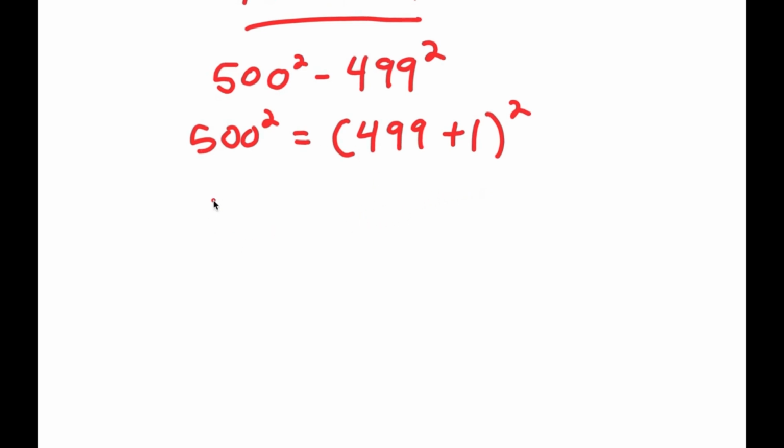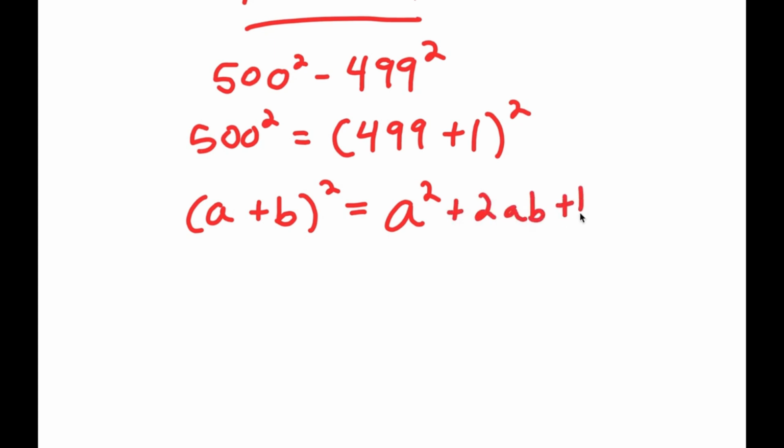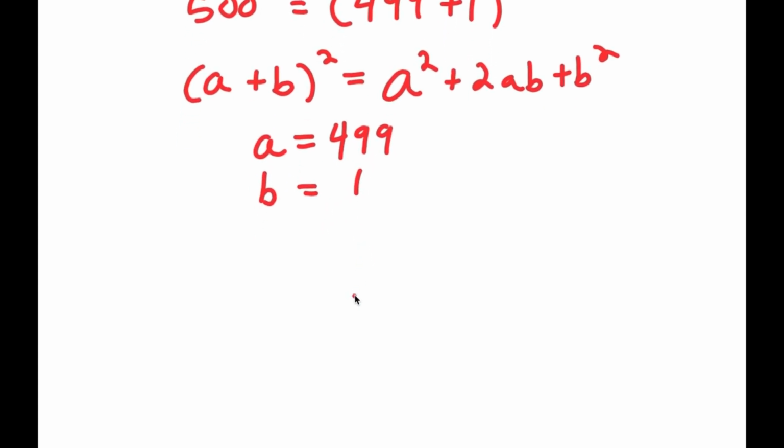And if I have something in the form a plus b squared, this is equal to a squared plus 2ab plus b squared. So in this case, a is 499 and b equals 1.